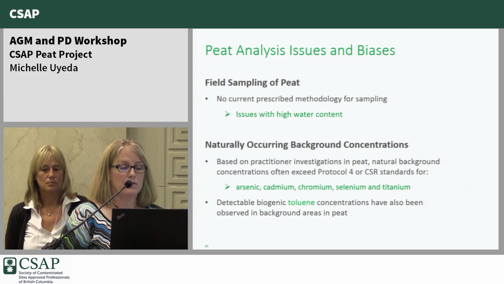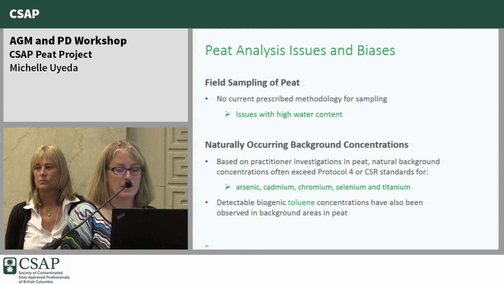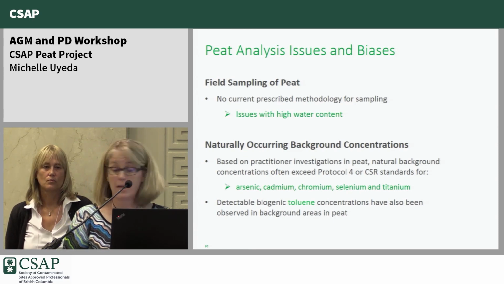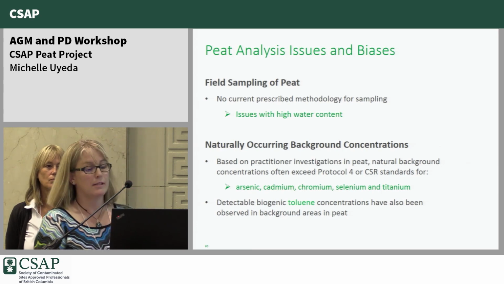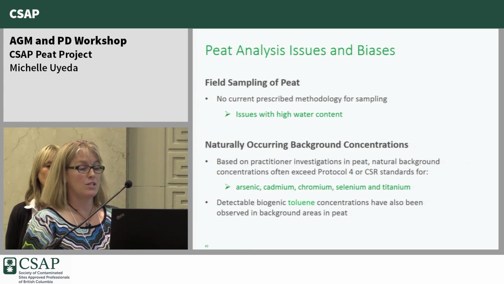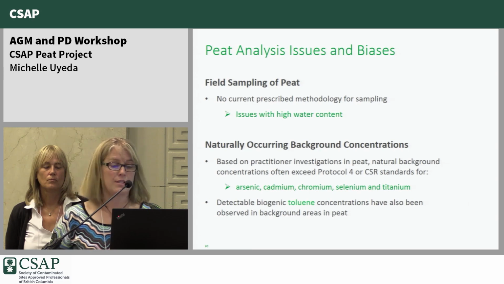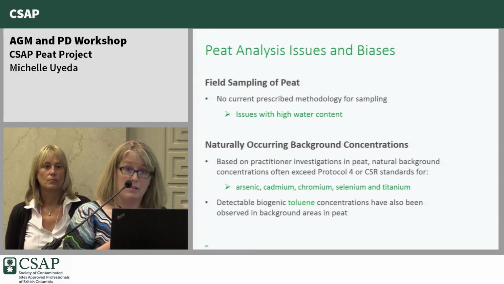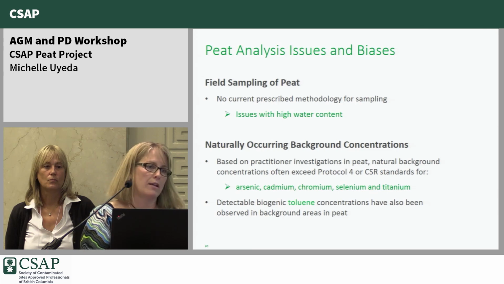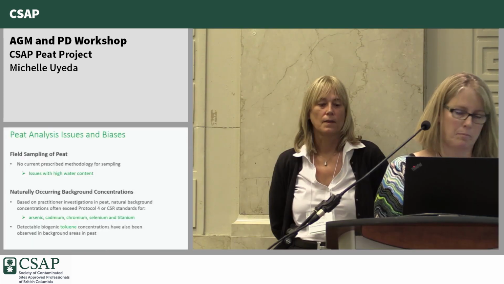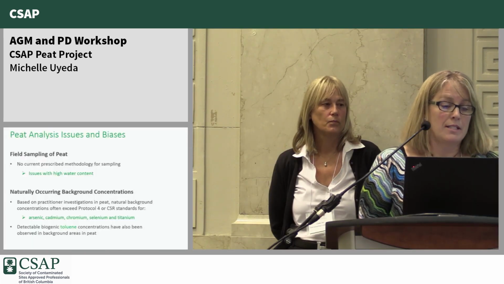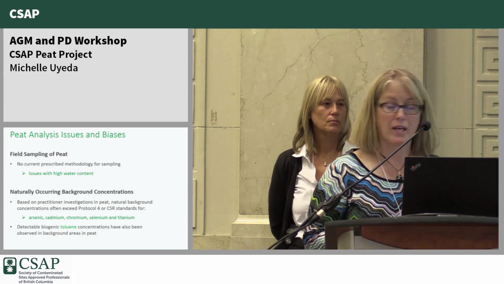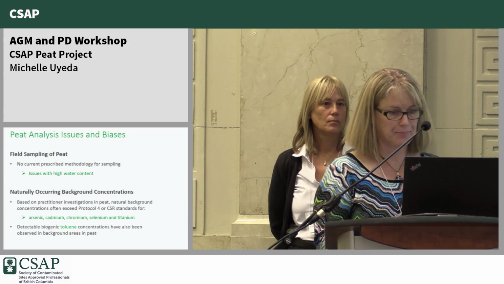Based on practitioners' investigations in peat, we've encountered that often arsenic, cadmium, chromium, selenium, and titanium concentrations exceed Protocol 4 or CSR standards, in both on-site as well as background conditions in peat. Detectable biogenic toluene is also commonly observed in background areas in peat.